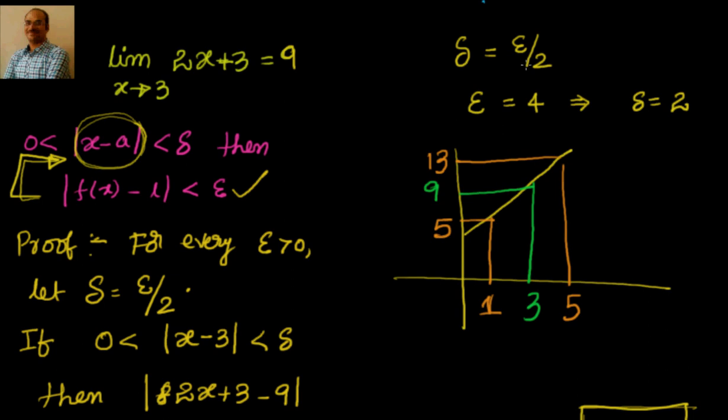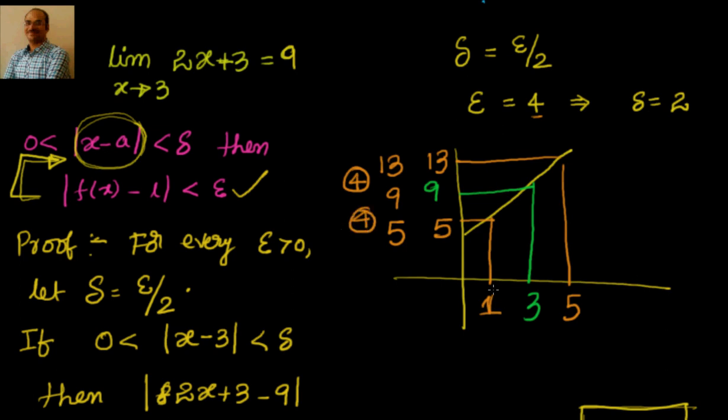So now what is our epsilon we have taken? Epsilon is 4. So L is 9. So you can see that epsilon is 4, so this becomes 9 plus 4, 13, and this is 9 minus 4, 5.